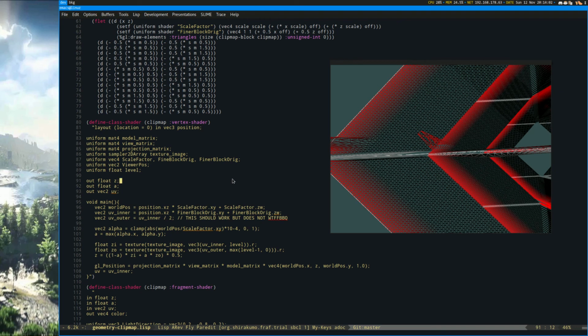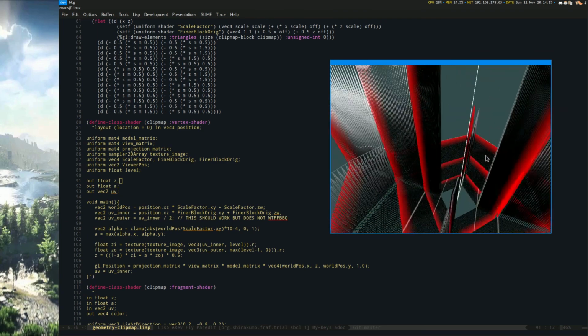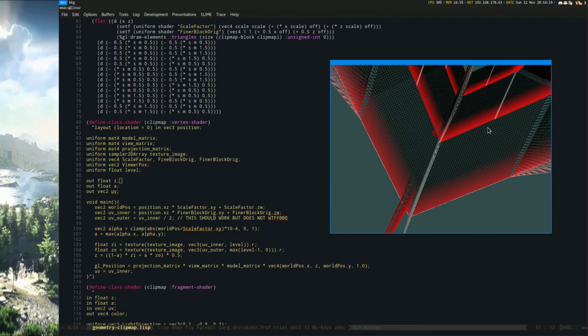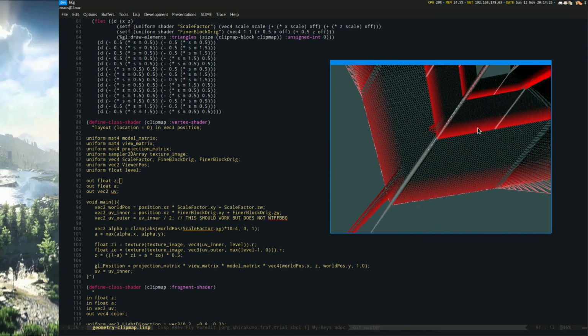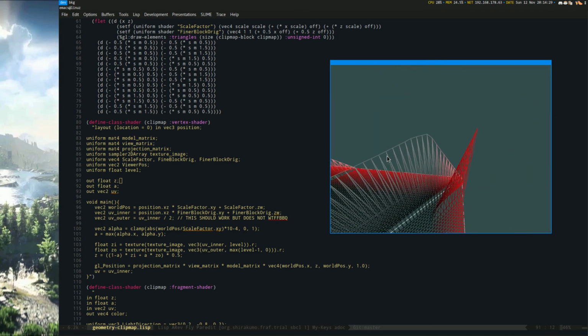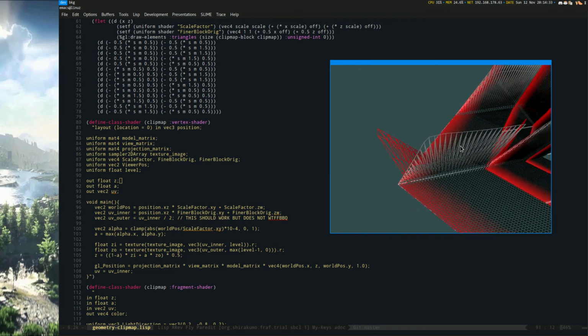Wait, does that even make any sense? Why does the offset matter at all? Oh yeah, because we're placing the geometry offset. Okay, I mean, at least this is working, sort of, the blending, I mean.